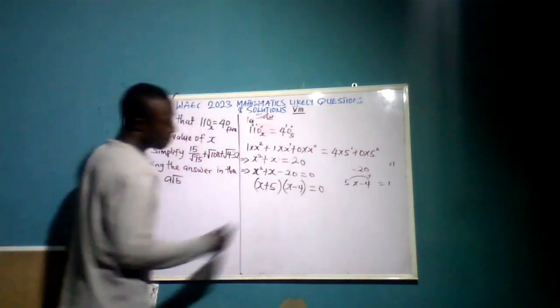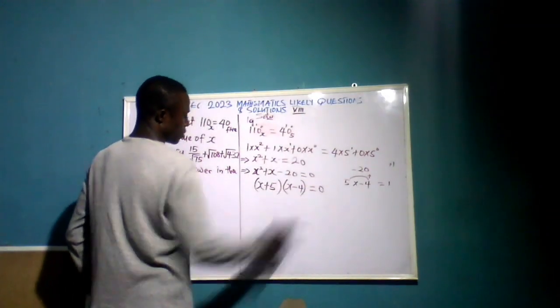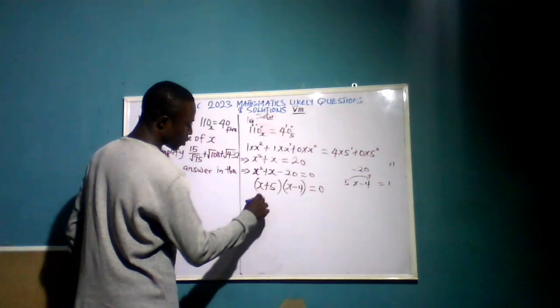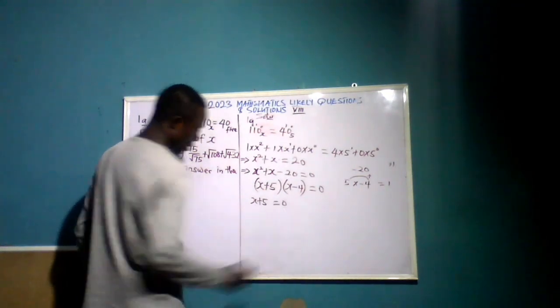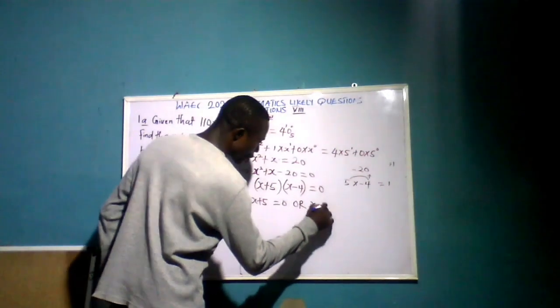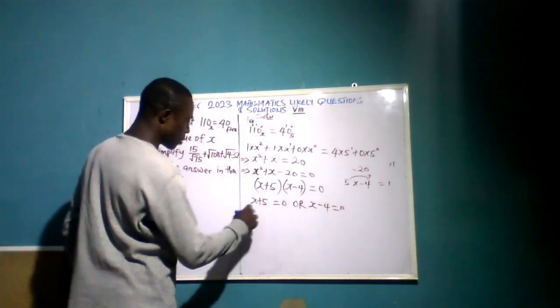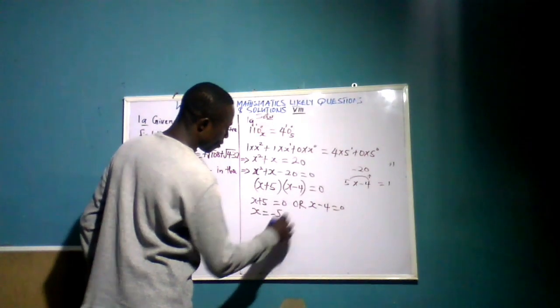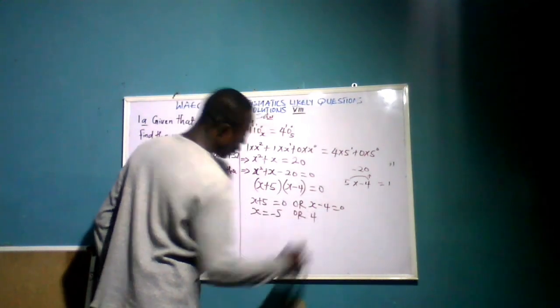Since this multiplied by this gives us 0, it implies that x plus 5 is equal to 0, or x minus 4 is equal to 0. From here we know that x is equal to minus 5 or 4.